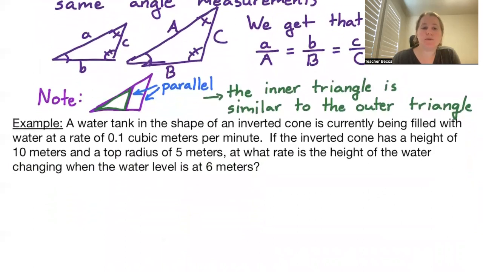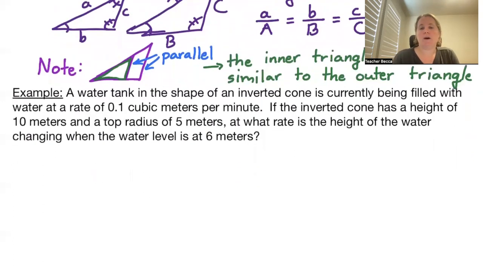So for example, if we have a water tank in the shape of an inverted cone that is currently being filled with water at a rate of 0.1 cubic meters per minute. And let's say that the inverted cone has a height of 10 meters and a top radius of 5 meters. We could ask, at what rate is the height of the water changing when the water level is at 6 meters? So if we do our first step for related rates, as always, just to understand the problem.